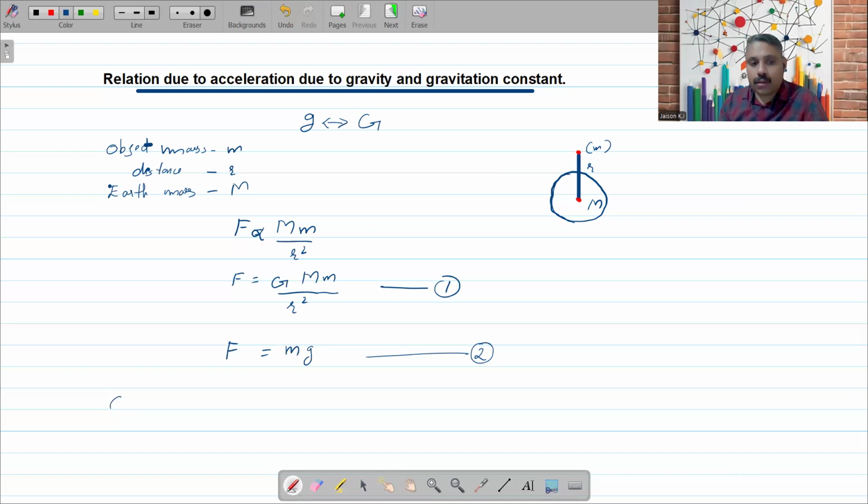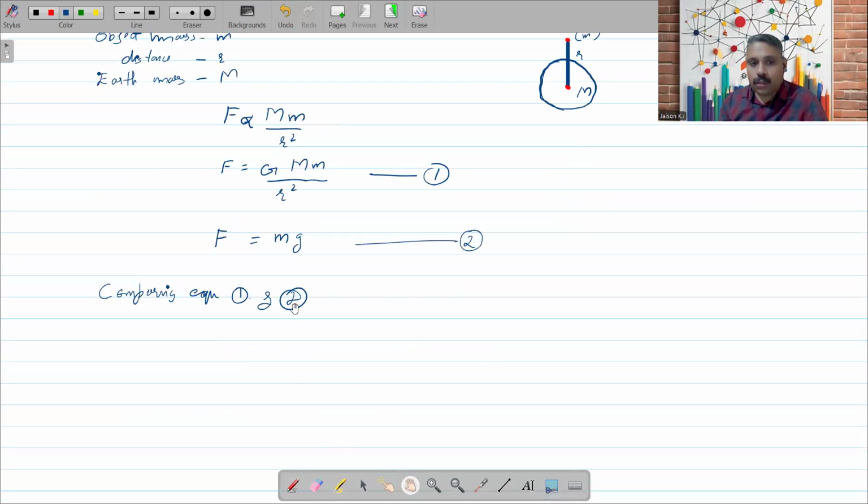Comparing equations 1 and 2. Here you know that these two equations are force only.